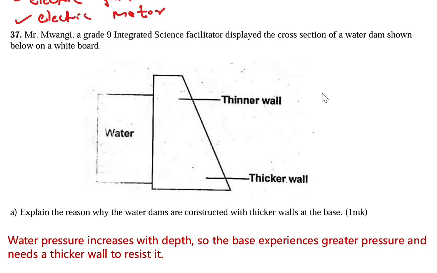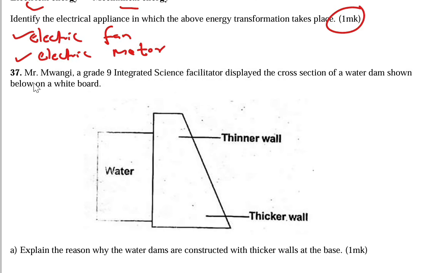Number 37, about pressure. Mr. Mwangi, a grade 9 integrated science facilitator, displayed the cross-section of a water dam shown below on a whiteboard. You can see we have a water dam. At the top, the wall is thin, but at the bottom, we have a thicker wall. Explain the reason why water dams are constructed with thicker walls at the base, 1 mark.